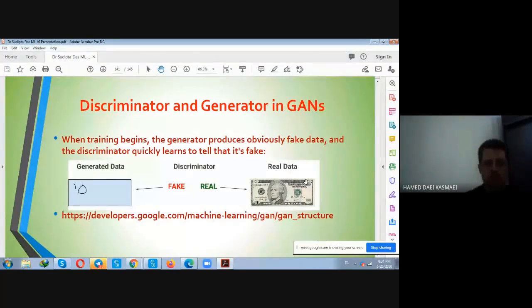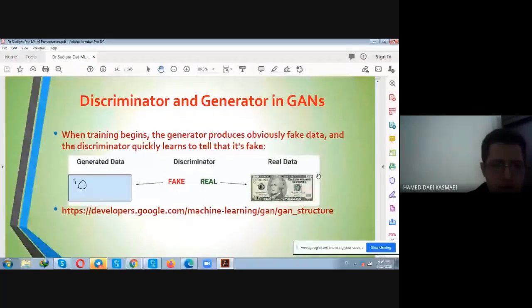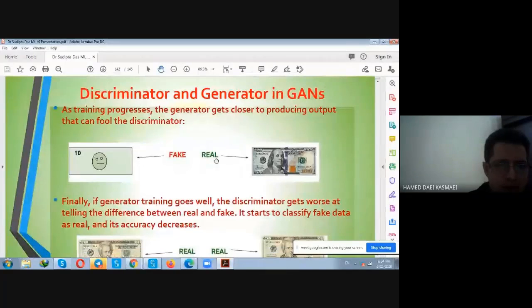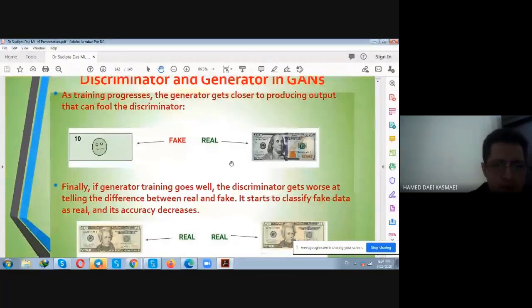Here is a good Google Developers link that you need to know about GANs. And discriminator and generator, again, at the end of the training progress, the generator gets closer to producing output that can fully fool the discriminator. You can make a trick for them. It says okay, it's fake and it's real.